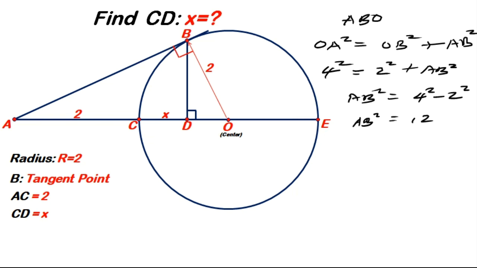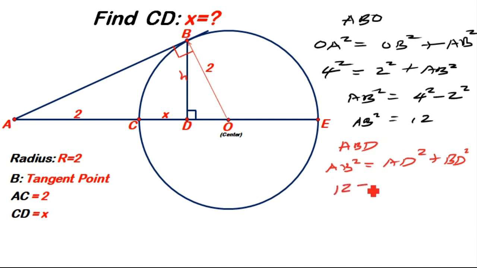Now, again, if you let the length from B to D be H, then you see triangle ABD is also a right angle triangle. So triangle ABD is a right angle triangle. Then you see again, the hypotenuse is now AB. So you can see AB squared is equal to AD squared plus BD squared. So AB squared we found is 12.